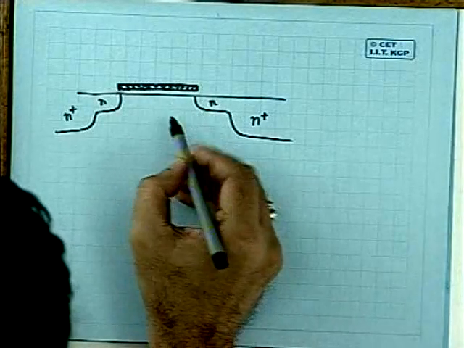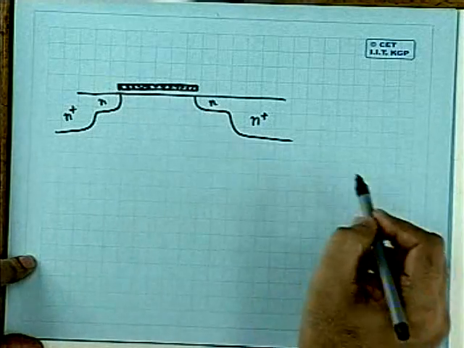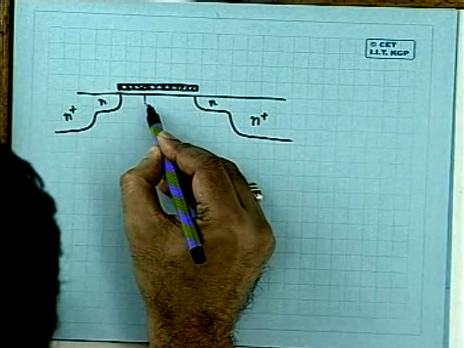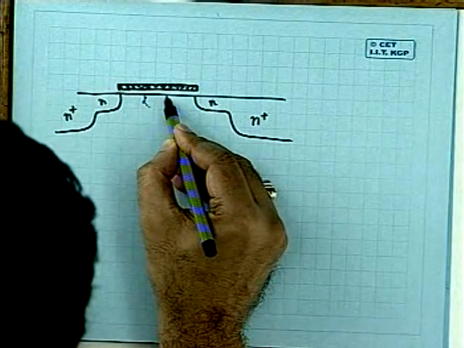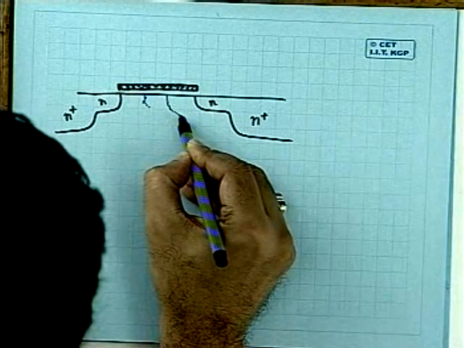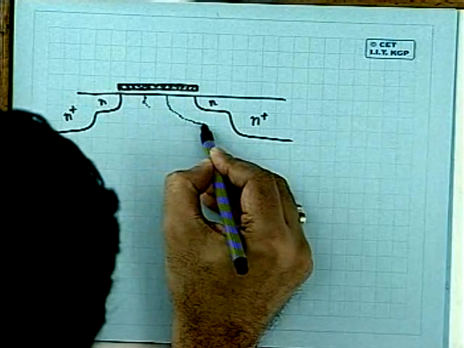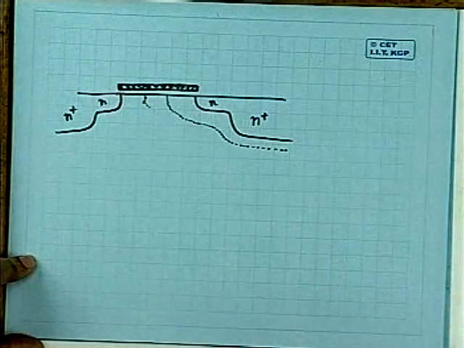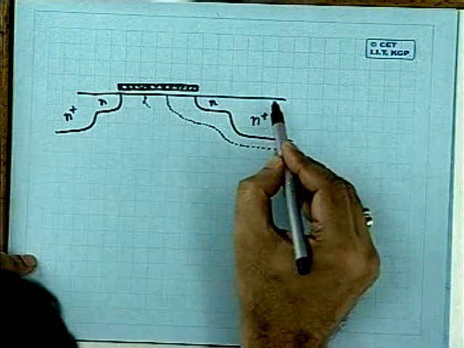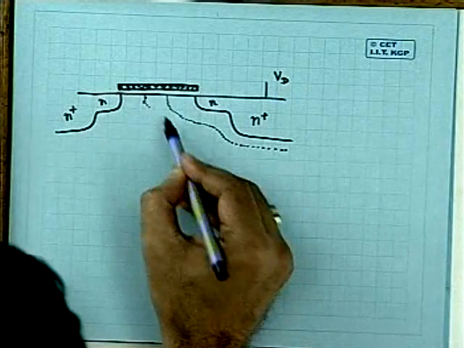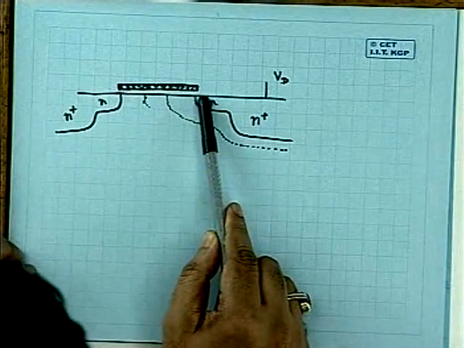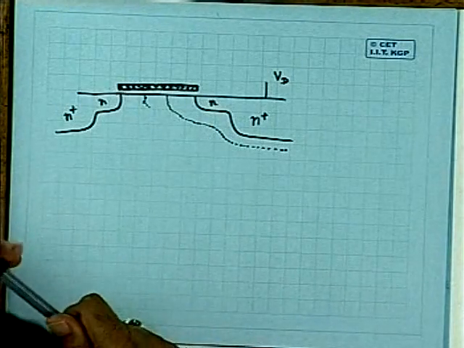Now, what will be the shape of your so-called depletion layer? Will it be like this? If I draw the depletion layer due to the drain bias like this, do you have any objection? Sorry, it will not be like that.